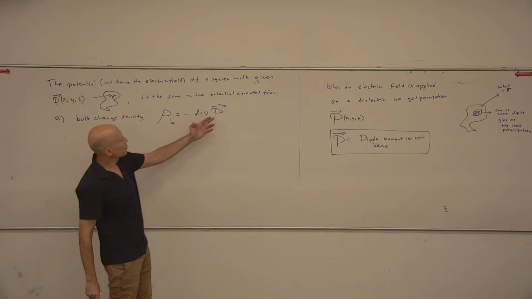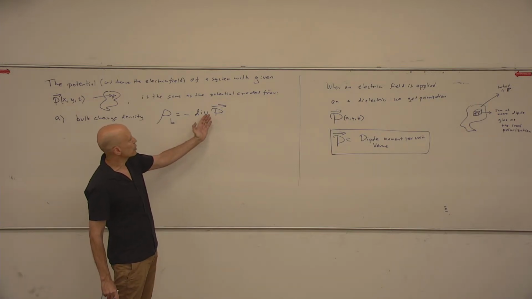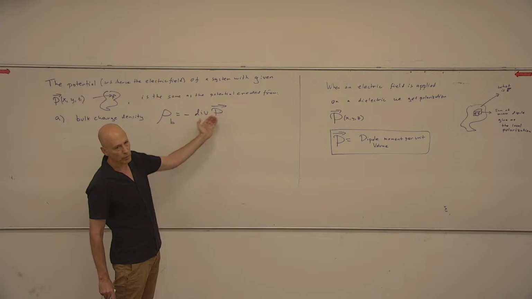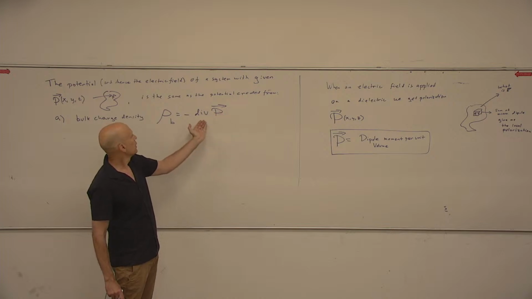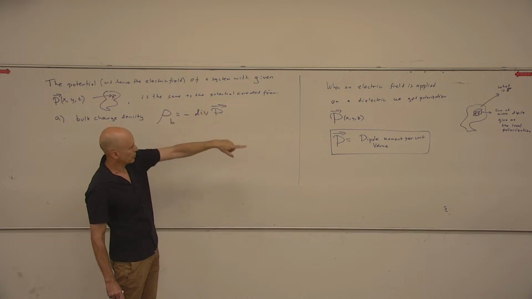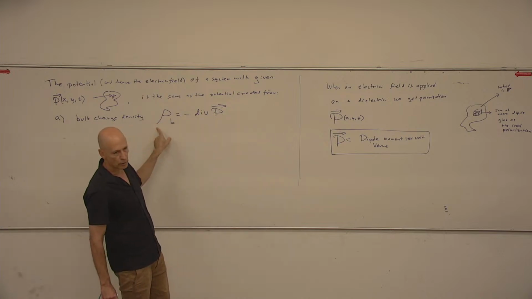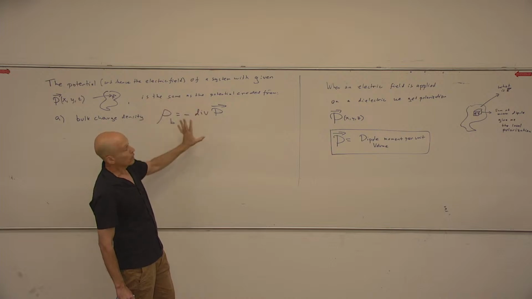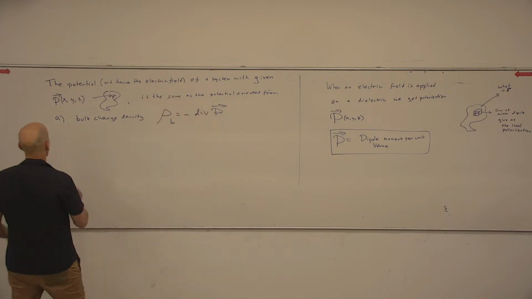Remember, polarization is dipole, it's Q times E. If I take the div, the div will give you Q, but it's per unit volume, so this gives you the correct units. At least the units are okay.